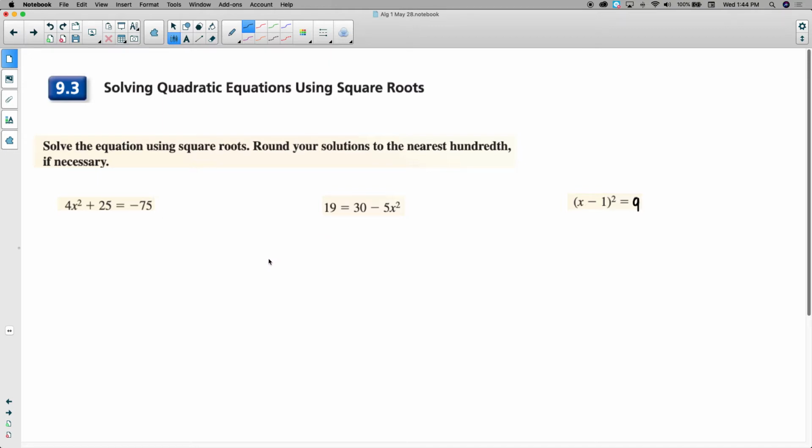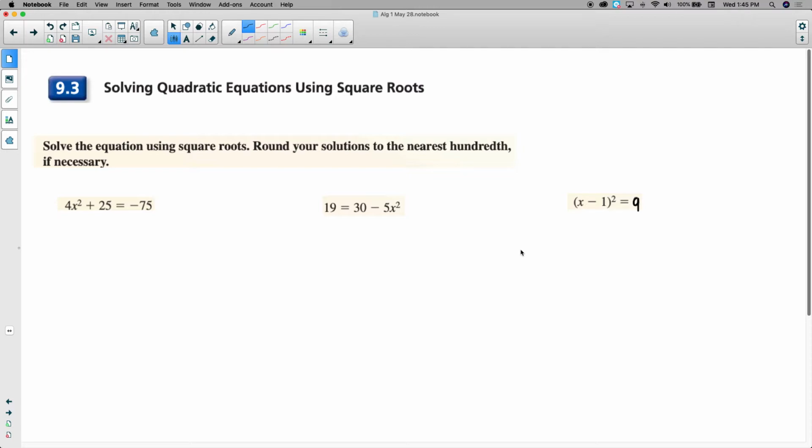All right, now if we were to FOIL this one out, we would have an x term, but I'm going to use the method that we use in these two on this third problem and emphasize that what we're doing is we're isolating the item that's being squared and then square rooting each side. On these first two, the item is the x that's being squared, and then over here it's the binomial x minus 1. Okay, so let's roll through these three problems.